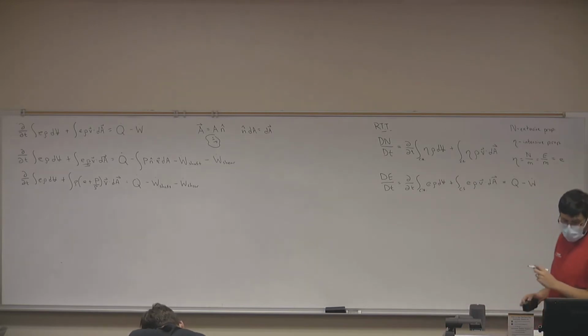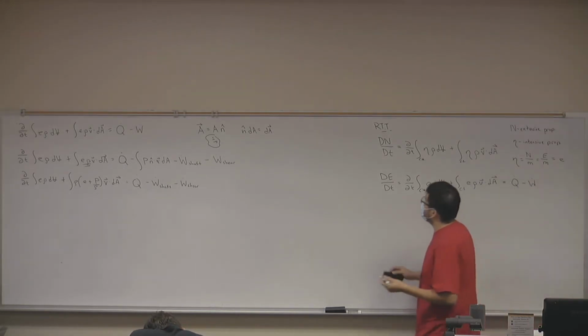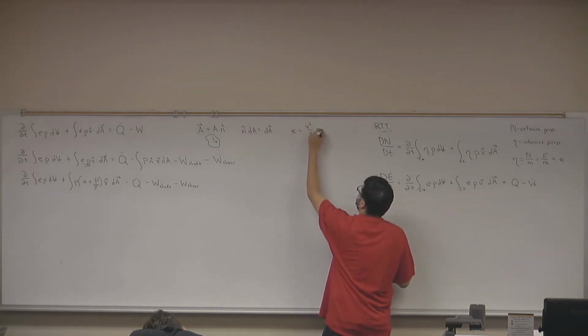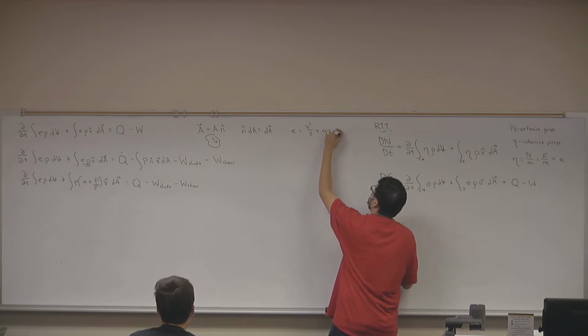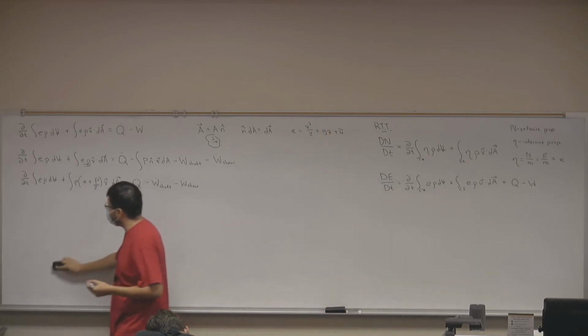How about we insert the specific energy terms? Remember, specific energy was simply v squared over 2 plus gz plus my internal energy. Let's insert these terms. Let's see if that makes our equation a little bit easier to handle.